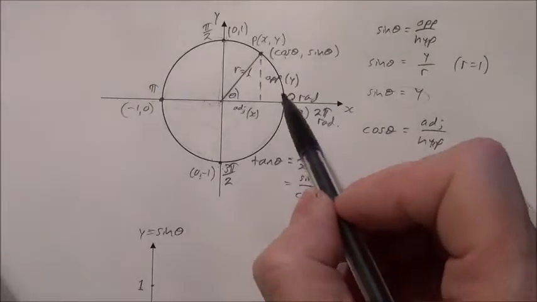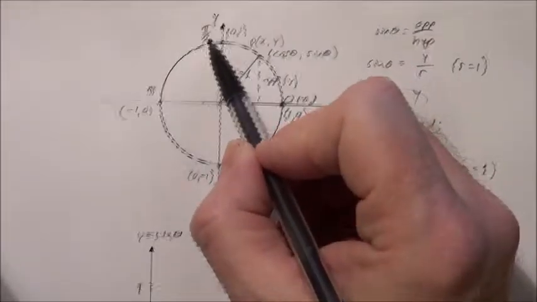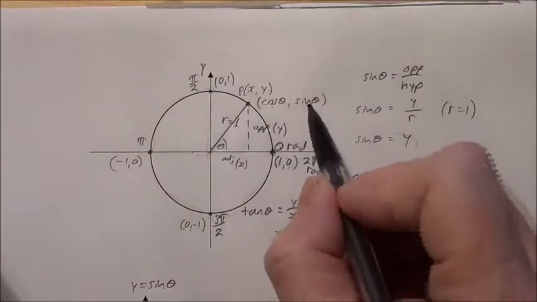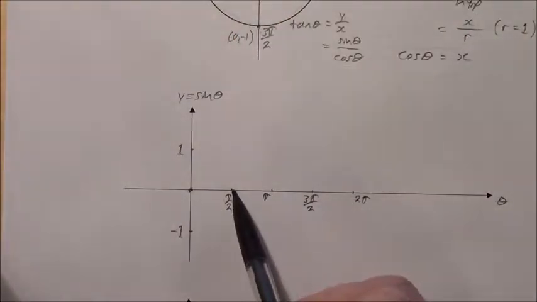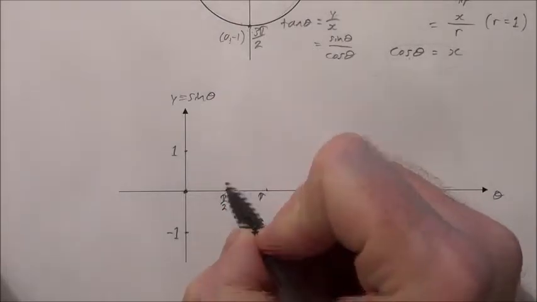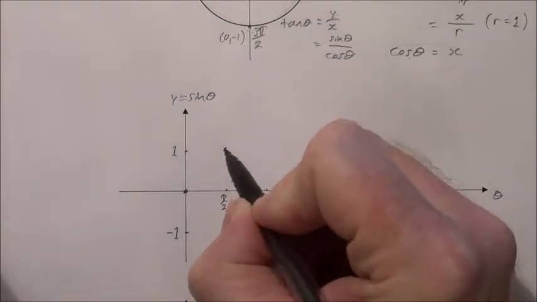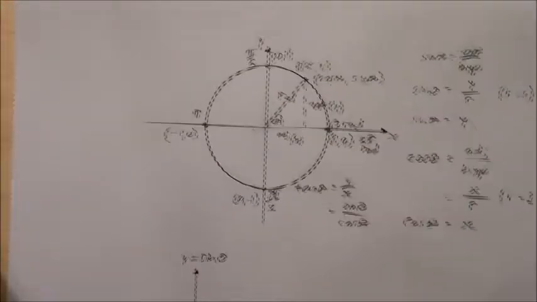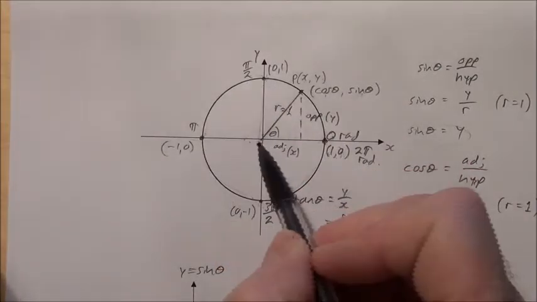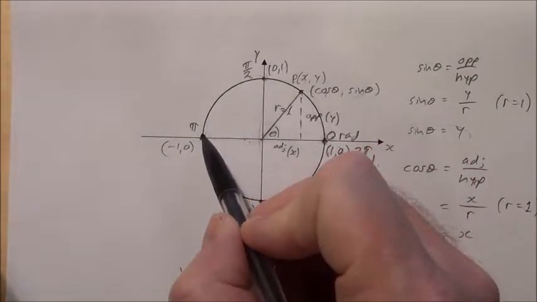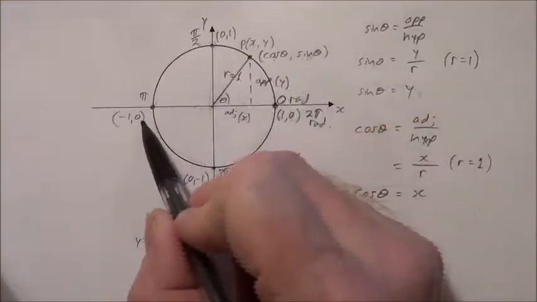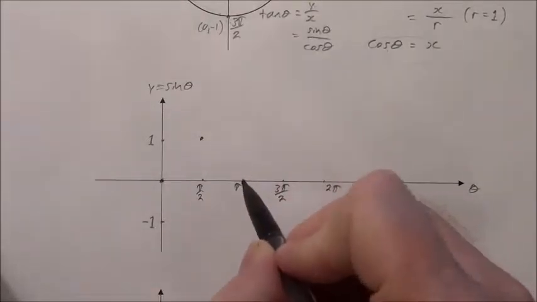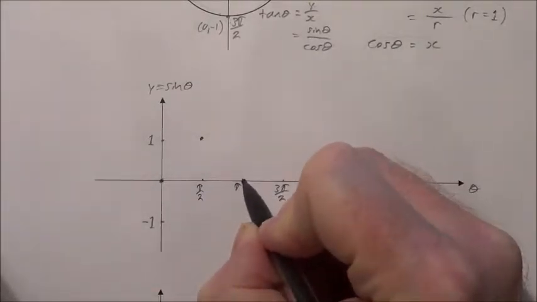Then as we rotate up here, we get pi by 2 radians. Sine theta is equal to 1. So at pi by 2 radians, the height is going to be 1 unit. Then as we continue rotating, we get down to pi radians of rotation. Sine theta is equal to 0.